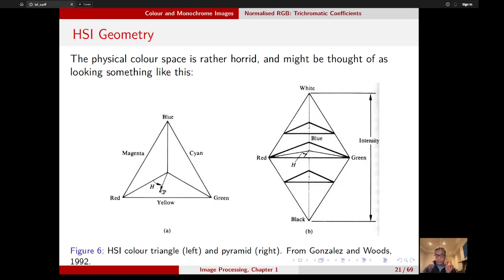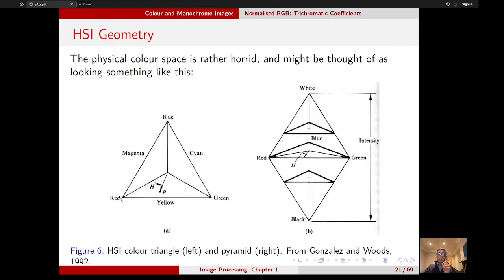So let's say that we have some color that we define by the location P. The saturation is an indication of the length of this vector from the origin of this triangle, so the center of this triangle, to the location P. As S, the saturation value, tends towards its biggest value, we push P out towards being what we call pure saturated colors.